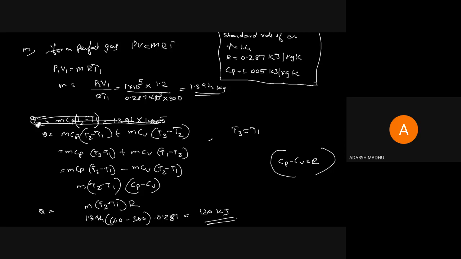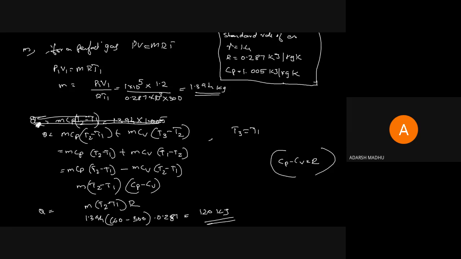Total Q is then Q1 plus Q2. Then you add the work done value, that is MR T2 minus T1 by gamma minus 1, the adiabatic equation, which we studied in the last module. So this is the heat transfer value.